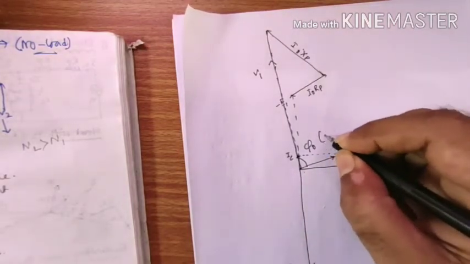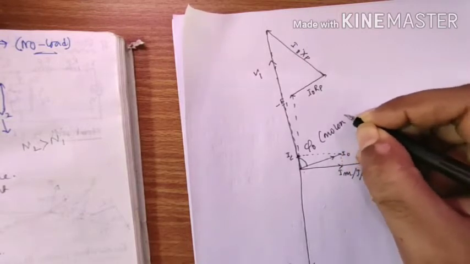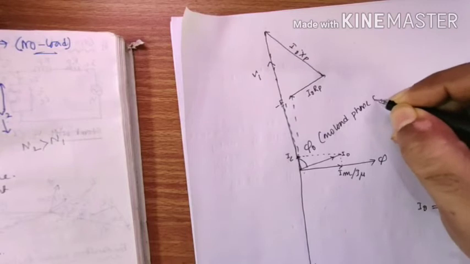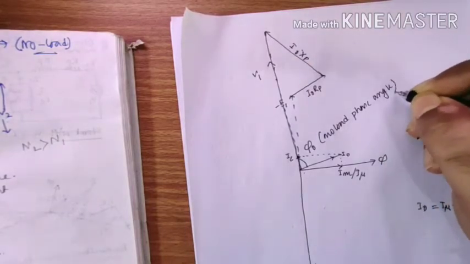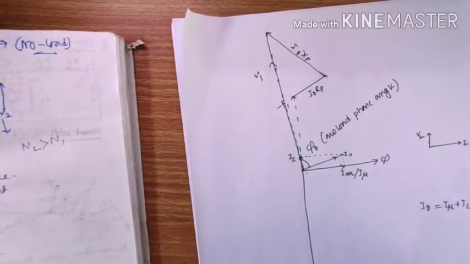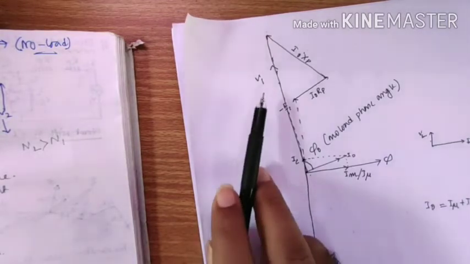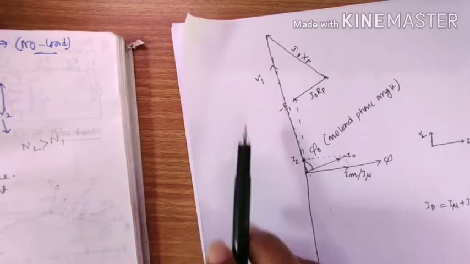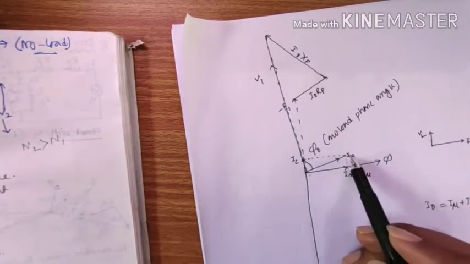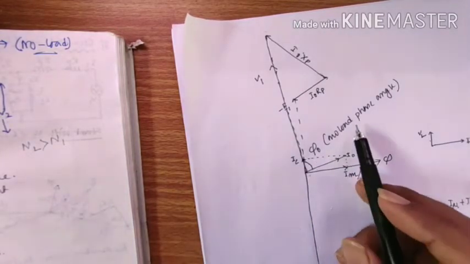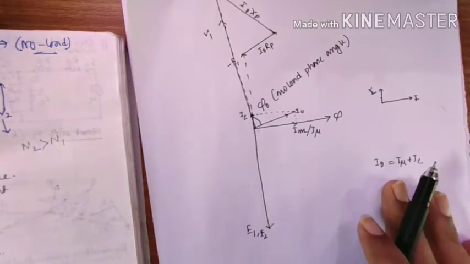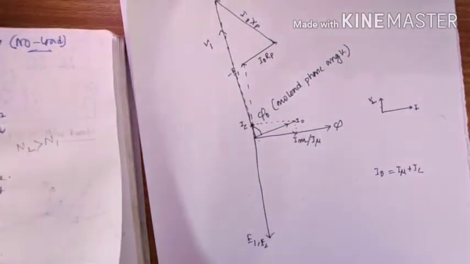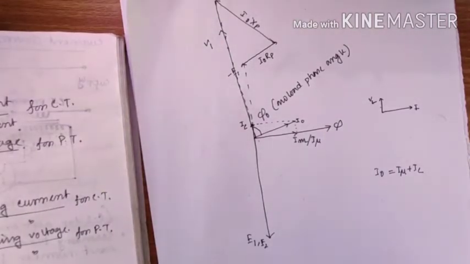That is basically the no load phase angle. The angle between the voltage given to the primary and the current flowing through the primary is called no load phase angle. So that is the simplest way to draw the phasor diagram of transformer in no load condition.